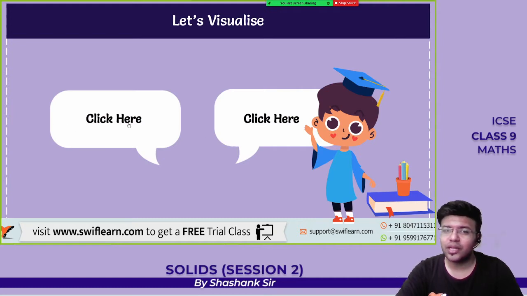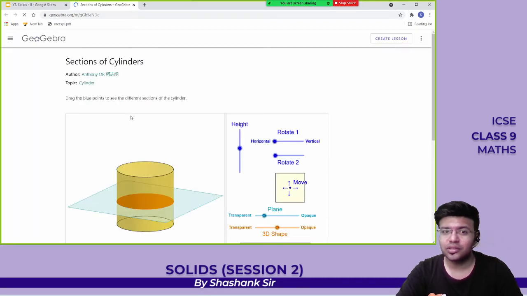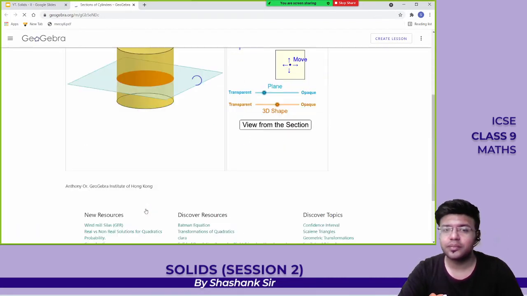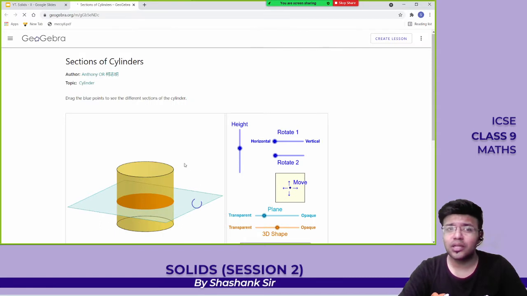Yes, so let's visualize this. Let's see the cross sections. Here, if I slice it parallel to the base, it is a horizontal cross section.